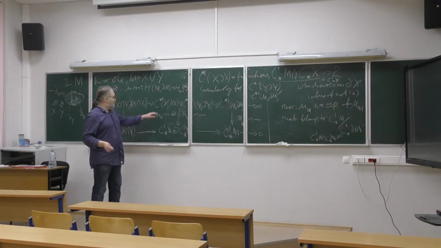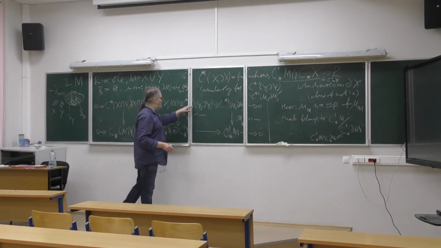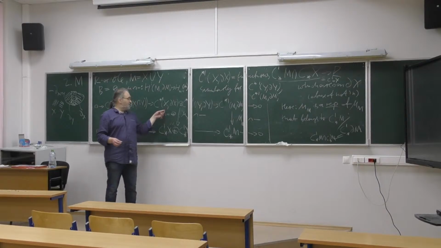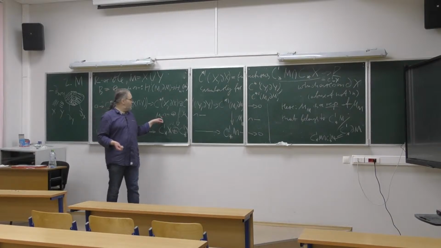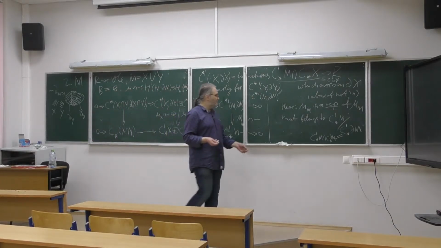Well, not surprisingly, here I have the same sort of maps, but this time what are mu x and mu y?